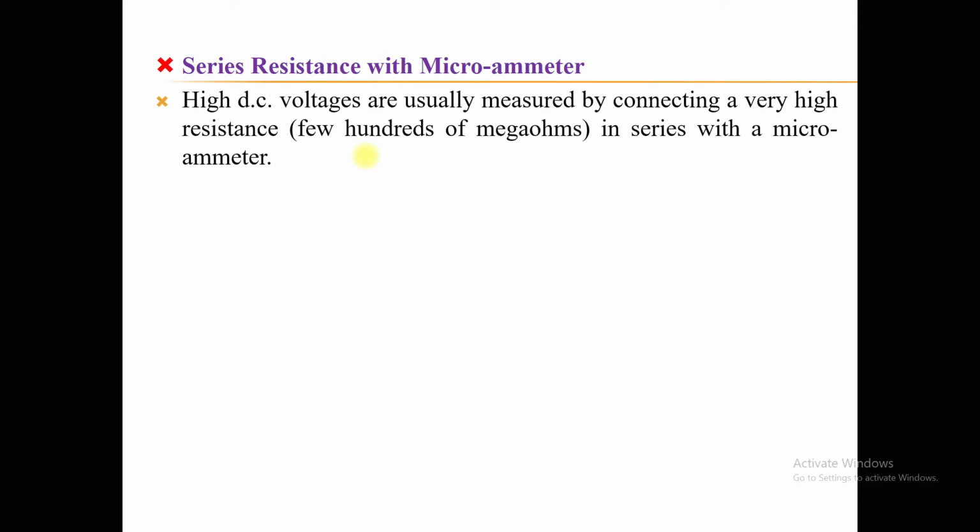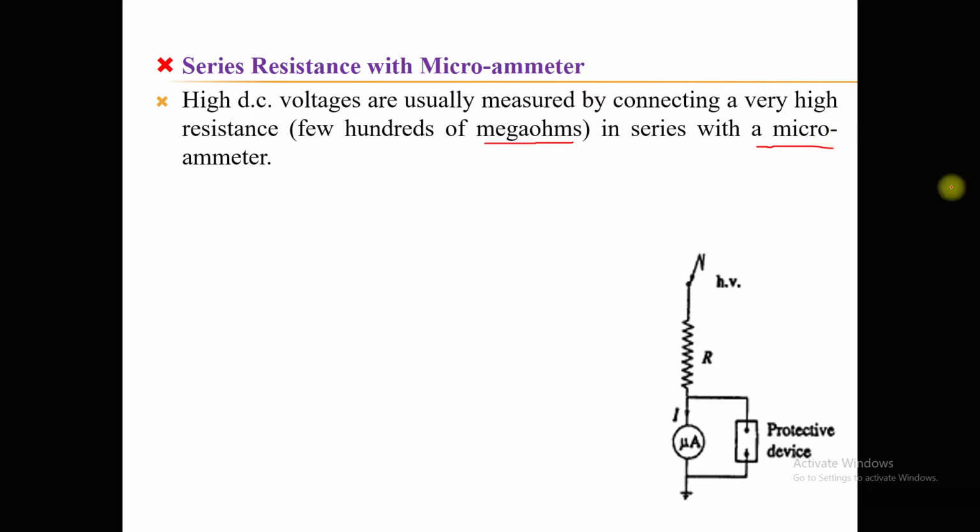It is connected in series with the high voltage source, and as the resistance is in megaohms, it allows you to measure the current in microamperes only. So normally a microammeter is connected, which can record on the microampere scale, in series with this high megaohm resistance.